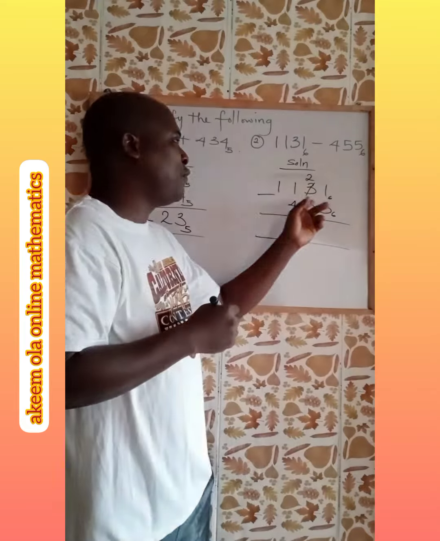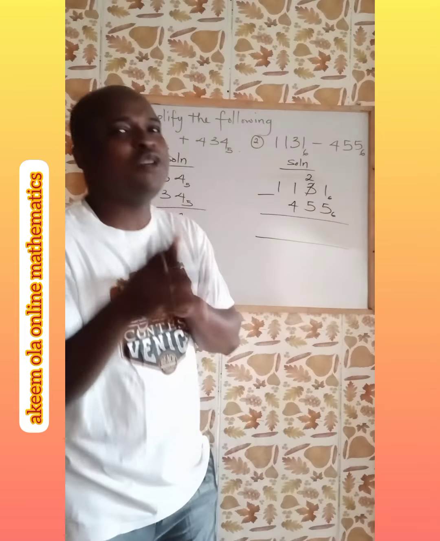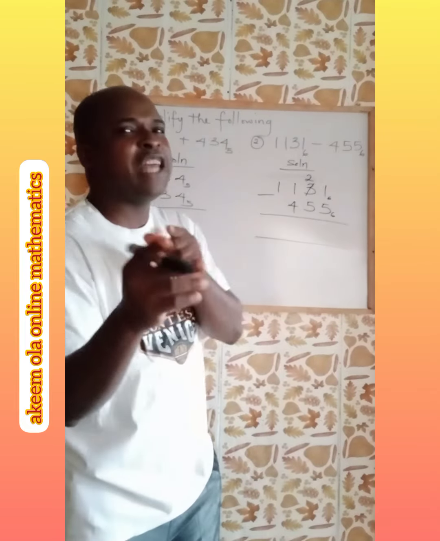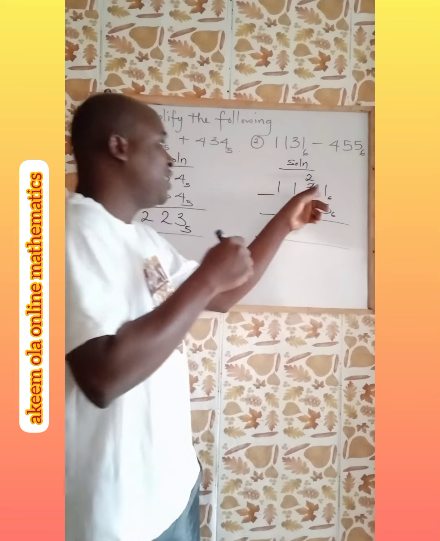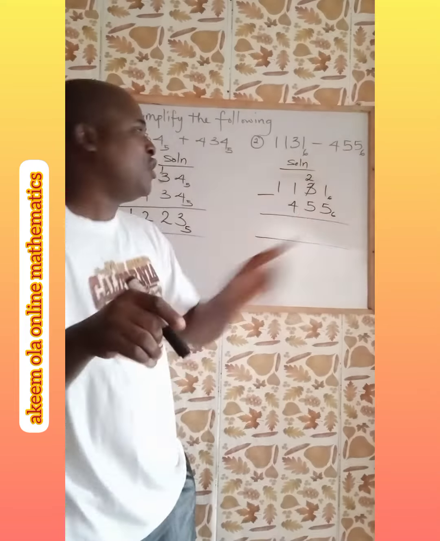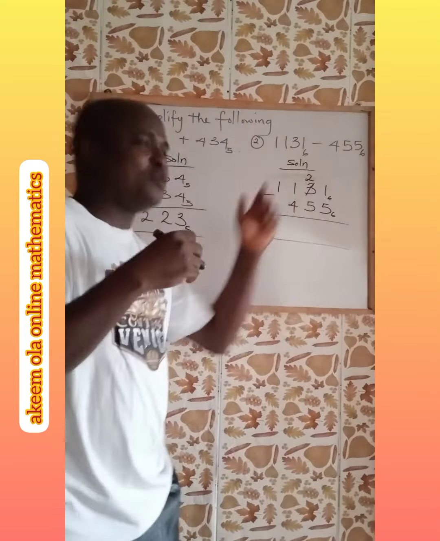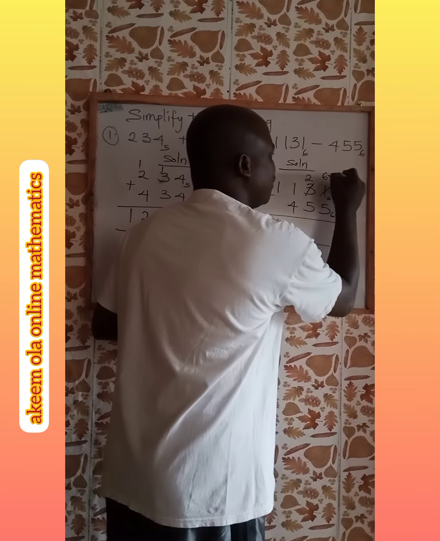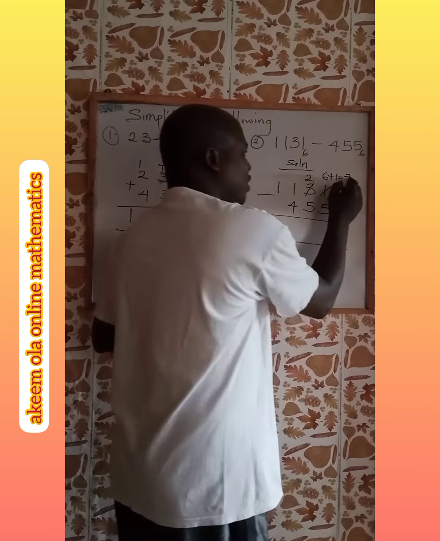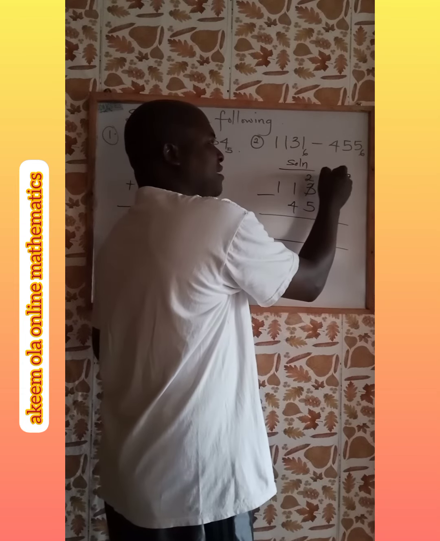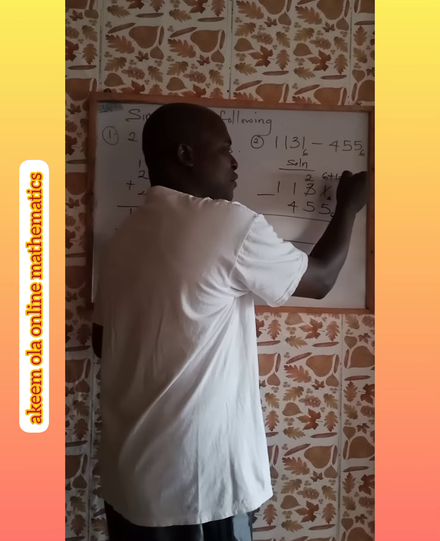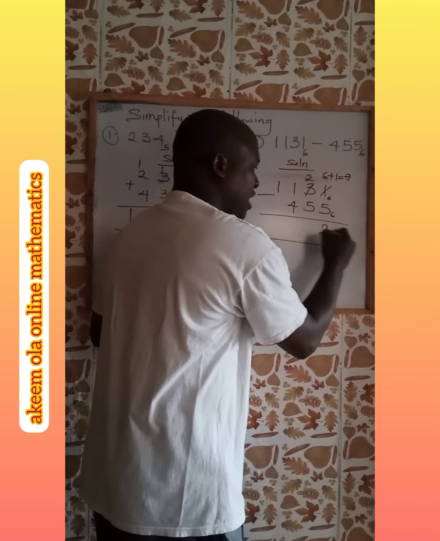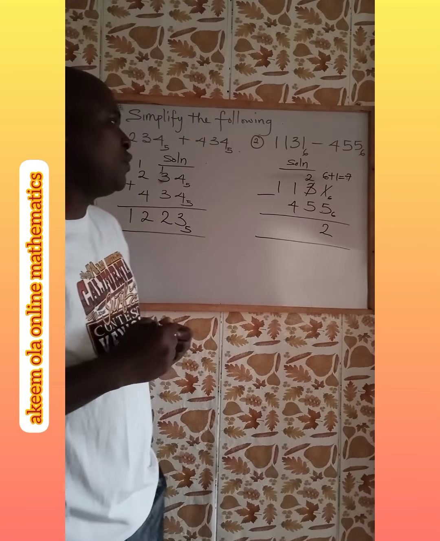But the 1 I borrow from there, since I'm dealing with base 6, the 1 now will become 6. So I will add the 1 to the 6 that I borrowed from the other side. So this one now will be 6 plus 1, which is 7. 7 minus 5 will give me 2. So I have 2 there.